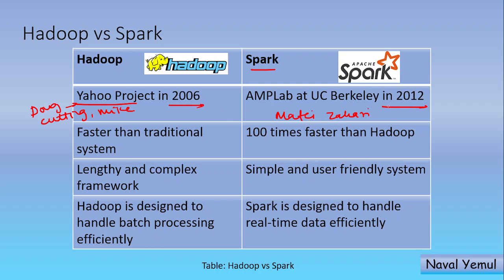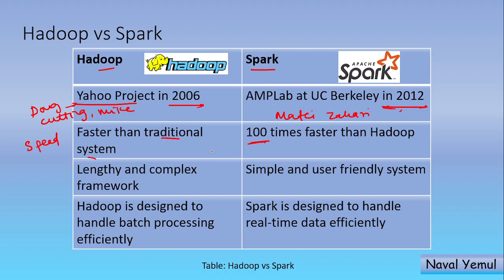He published that in 2012. Now when it comes to speed, Hadoop is obviously faster than your traditional system. If you take any single machine and compare it with Hadoop's MapReduce and HDFS, obviously Hadoop is faster. But Spark is even faster than Hadoop, 100 times.